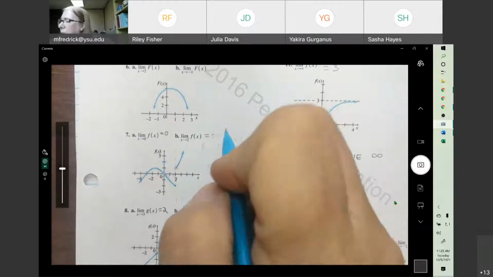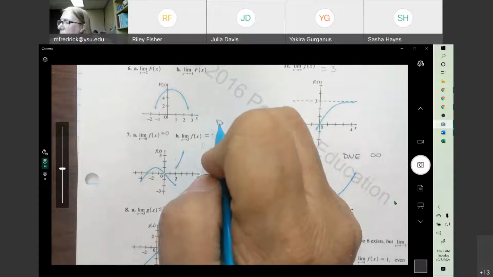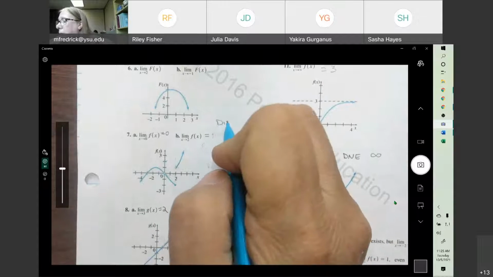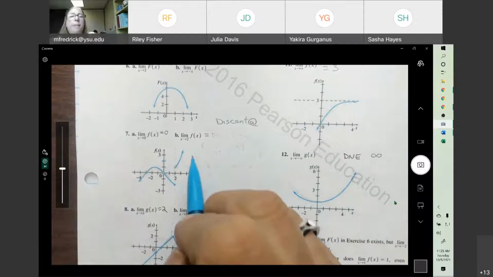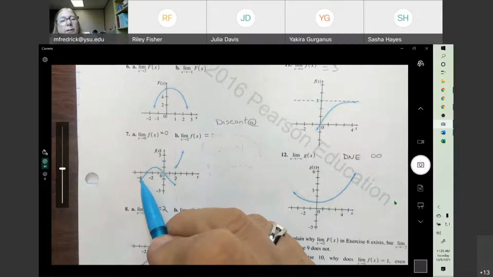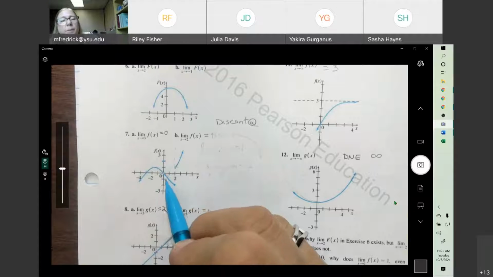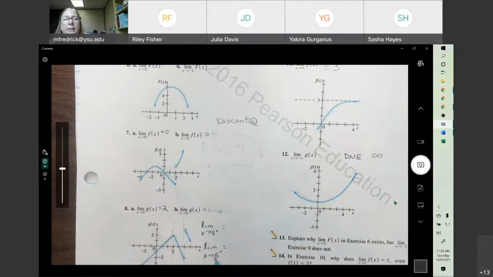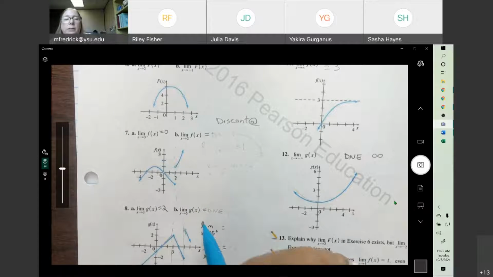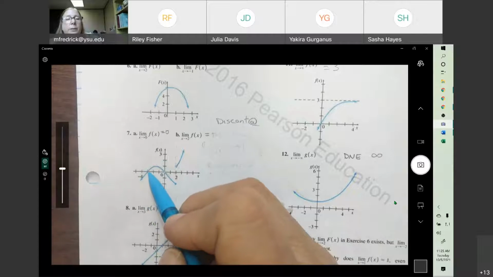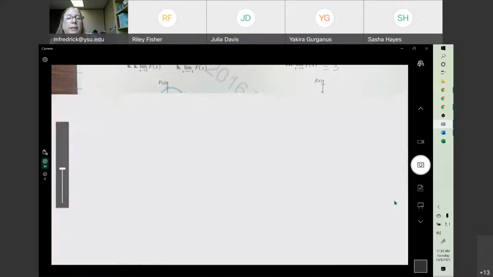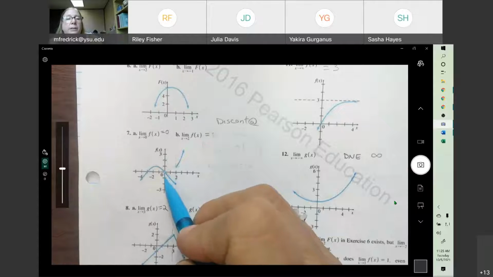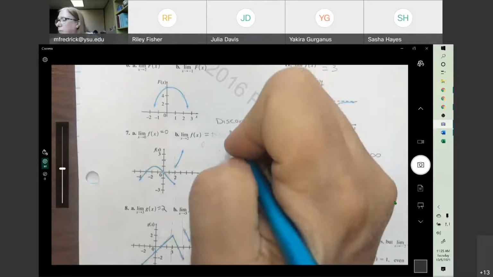Now to see where it's discontinuous, what you do is you trace. And if you have to lift up your pencil, that x value is where it's discontinuous. So if I'm tracing this right here, I'm going to lift up because there's an open circle that points up here instead. So it's discontinuous at 0.